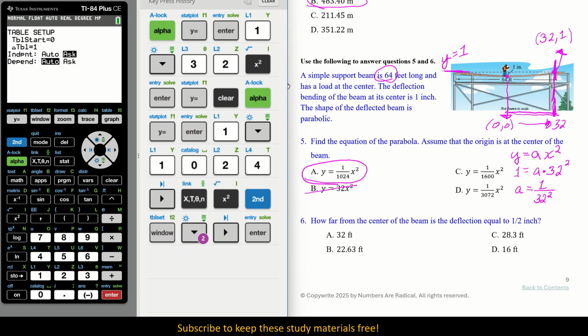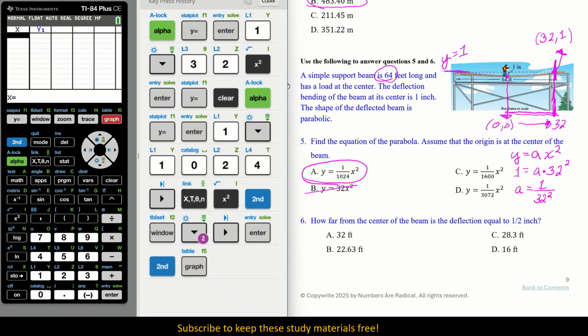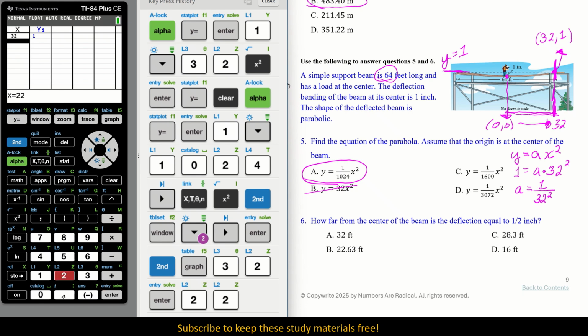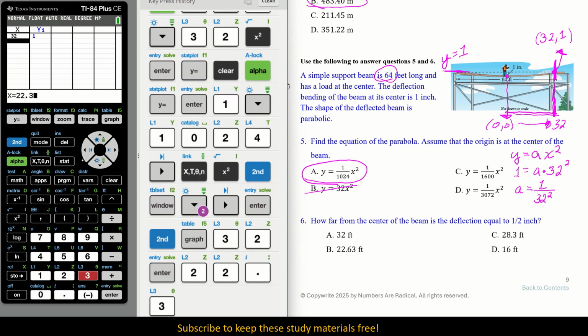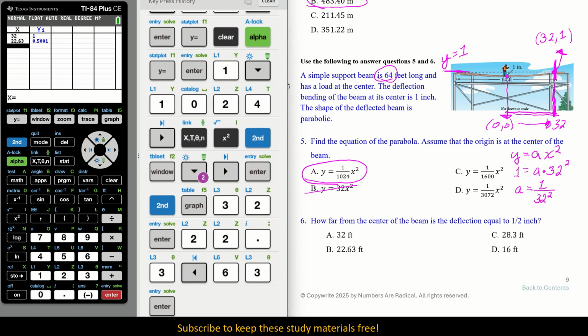So we're going to put in each of our options and see which one is valid. So go to second graph. Put in 32. Oh, that's not going to work. So what about 22.6? Oh, no, I'm wrong here. 63. Enter. That looks good.